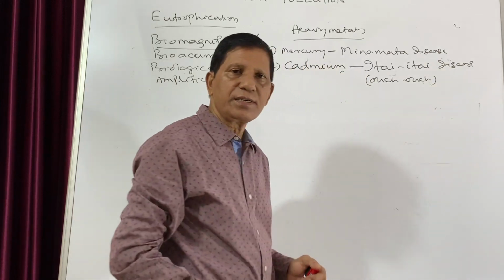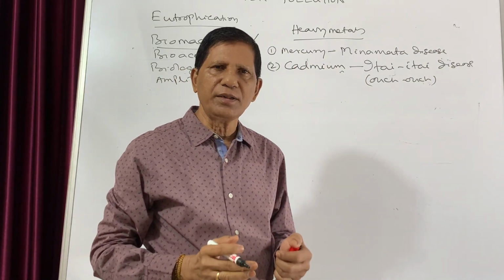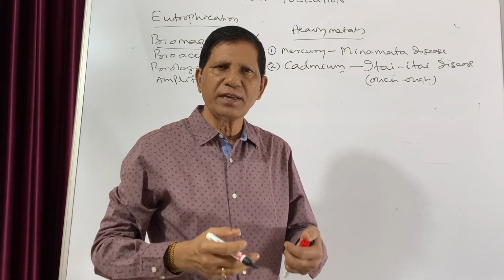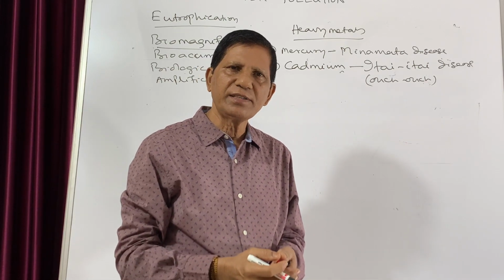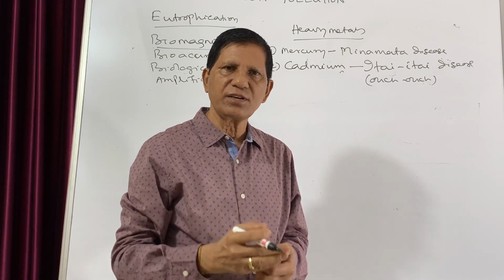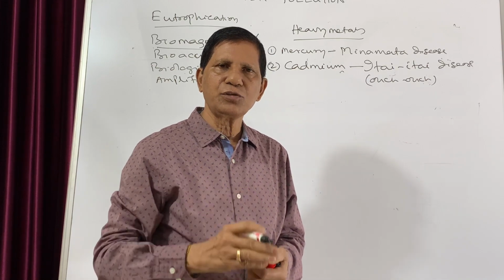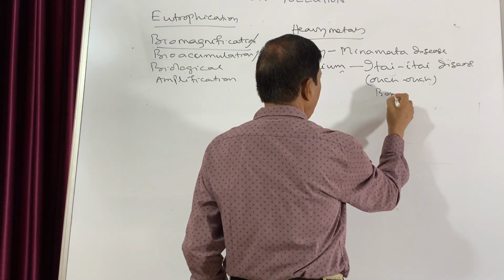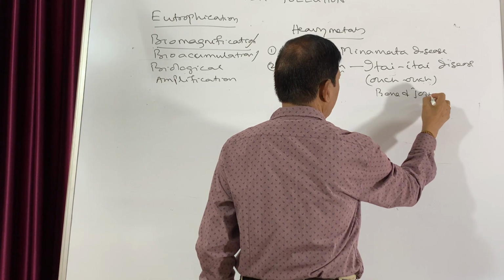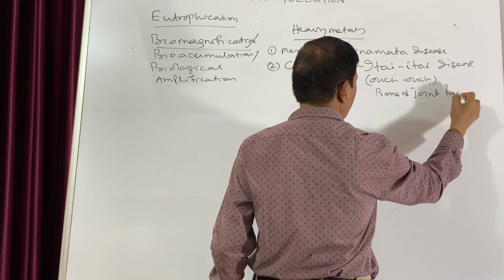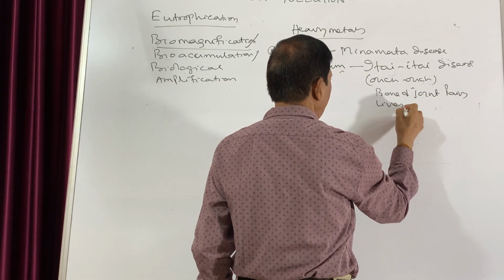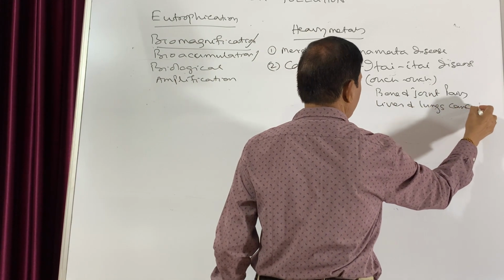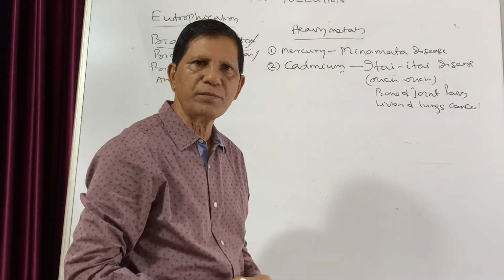In this case, usually there are painful bones. The bones give a lot of pain. Side by side, there is lung cancer and also liver cancer. That means bone and joint pains and liver and lung cancer in the case of cadmium.